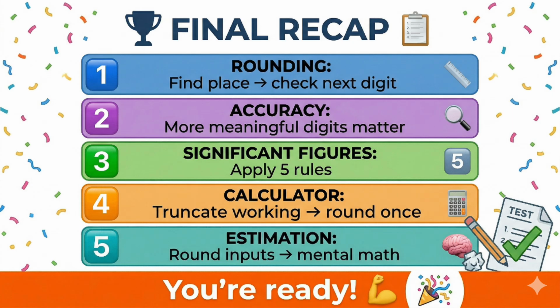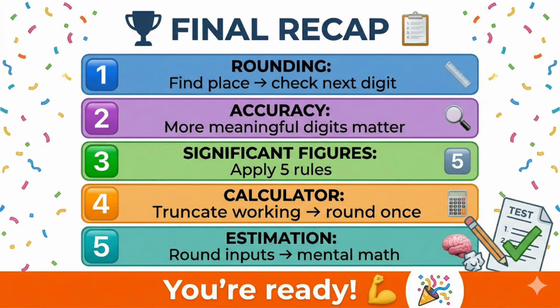Let's recap everything in 5 quick points. 1. Rounding. Find the place, check the next digit, round up or down. 2. Accuracy means more meaningful digits, not just more decimal places. 3. Significant figures. Know the 5 rules and always start counting from the first non-zero digit. 4.